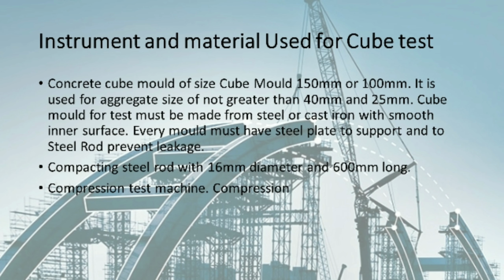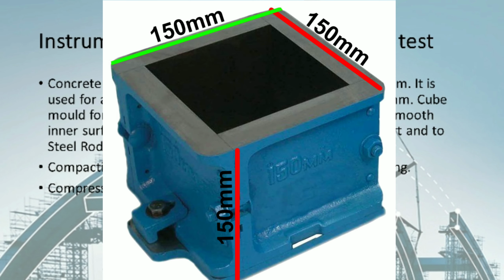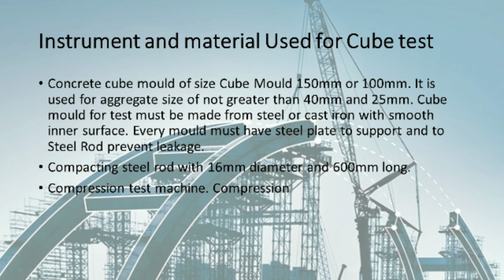So instruments and materials are needed for the cube test. First, a concrete cube mold of side 150 mm or 100 mm. It is used for aggregate size not greater than 40 mm and 25 mm.